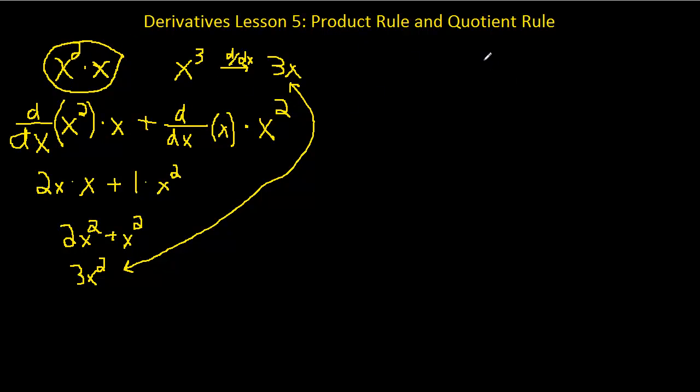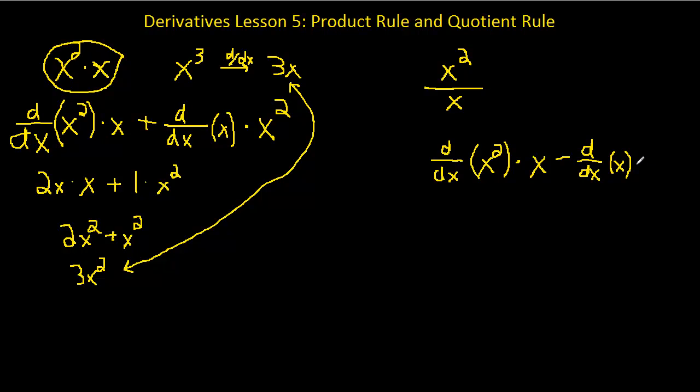The quotient rule, on the other hand, deals with something like this. If we had x squared over x, it's a bit more annoying to deal with, but what you're supposed to do is take the derivative of the top, so d by dx of x squared, times the bottom, times x, minus the derivative of the bottom, times the top, which is x squared.